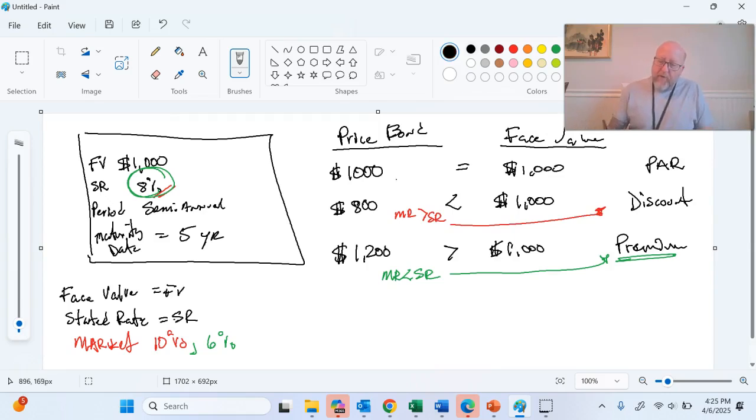And then, funny enough, when the market rate equals the stated rate, that's when we are going to issue at par. We're selling a bond that promises 8%. Everybody else is selling their bonds and they're promising 8% as well. And so everybody's selling the same thing. And if everybody's selling the same thing, then everybody's price is the same.